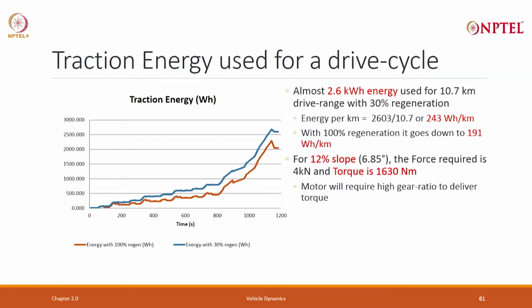For 12% slope at 30 km/h, I should have written 30 km/h, the force required is 4000 newtons. That number is there in our calculation, 4000 newtons, and torque requirement goes to 1630 Newton meter.